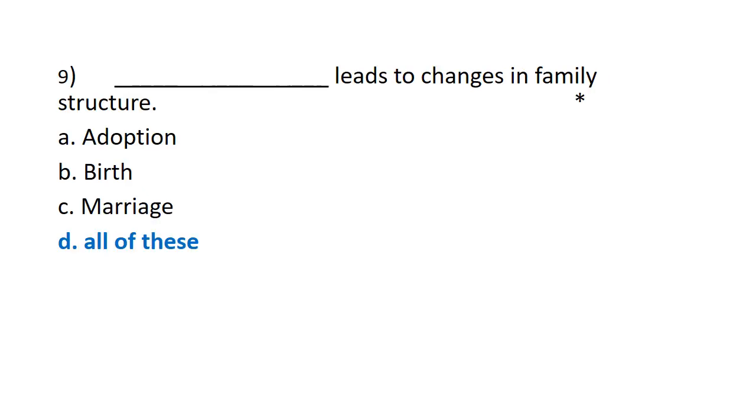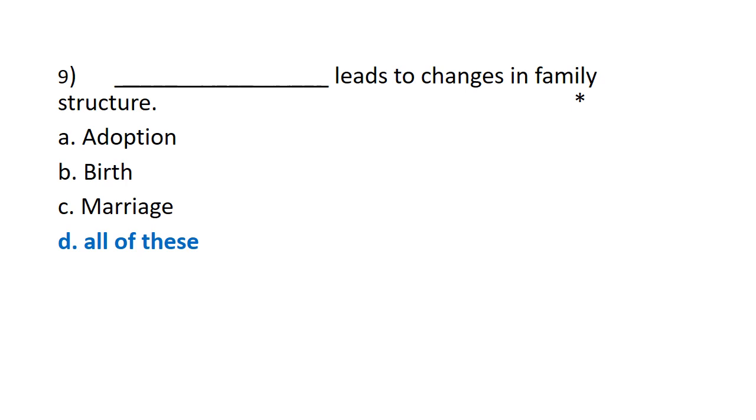The next question we have is: dash leads to changes in family structure. The first option we have is adoption. So children, adoption is a process where a person assumes the parenting of another, usually a child, from that person's biological or legal parent.